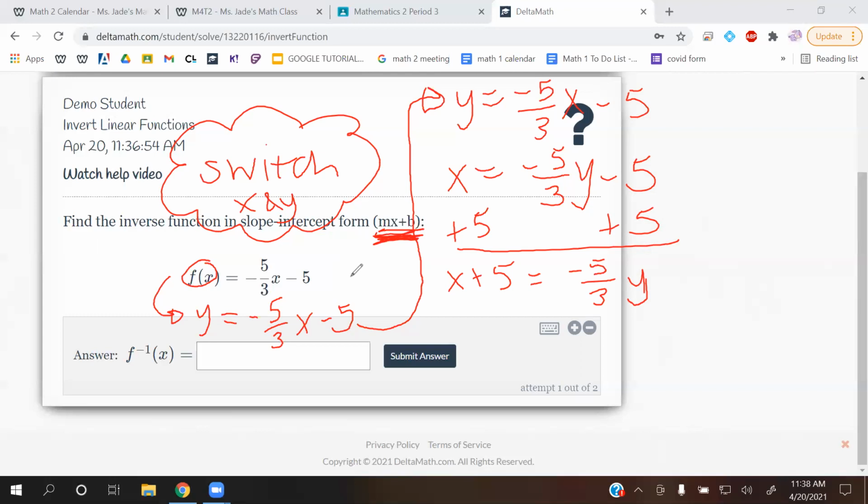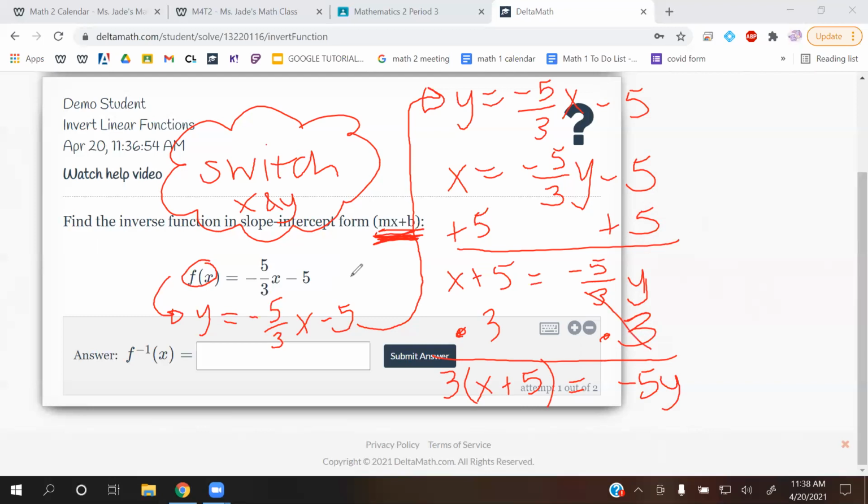So you can get rid of the fraction by multiplying, because opposite of dividing is multiplying. So this is negative 5 divided by 3. I'm going to multiply by 3. And so I get 3 parentheses x plus 5 equals negative 5y.